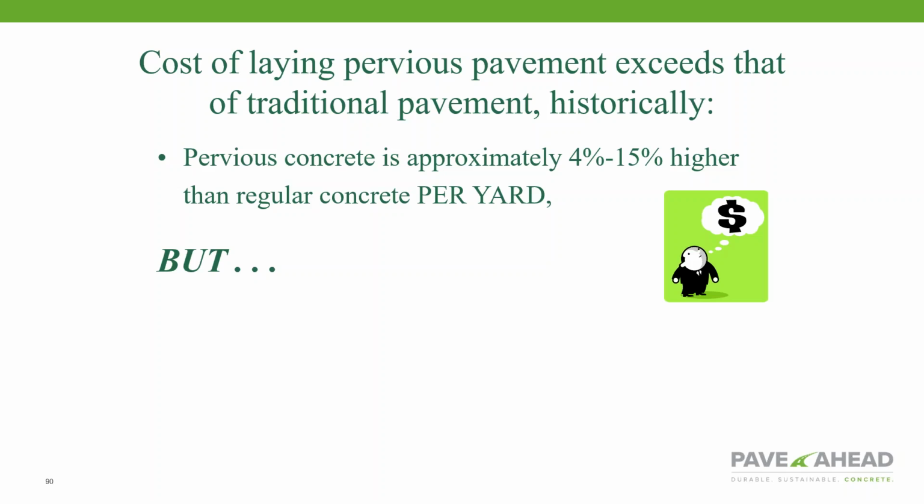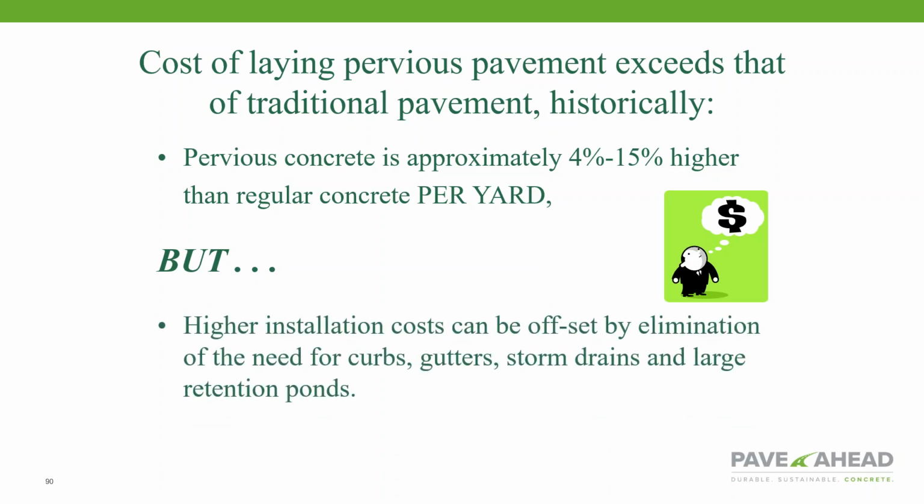But keep in mind, remember I said you want to take concrete out of the definition here? This is a system, all right? And because it's a system, you can't just look at your pavement costs. You have to look at the entire site. And here's what I mean by that.